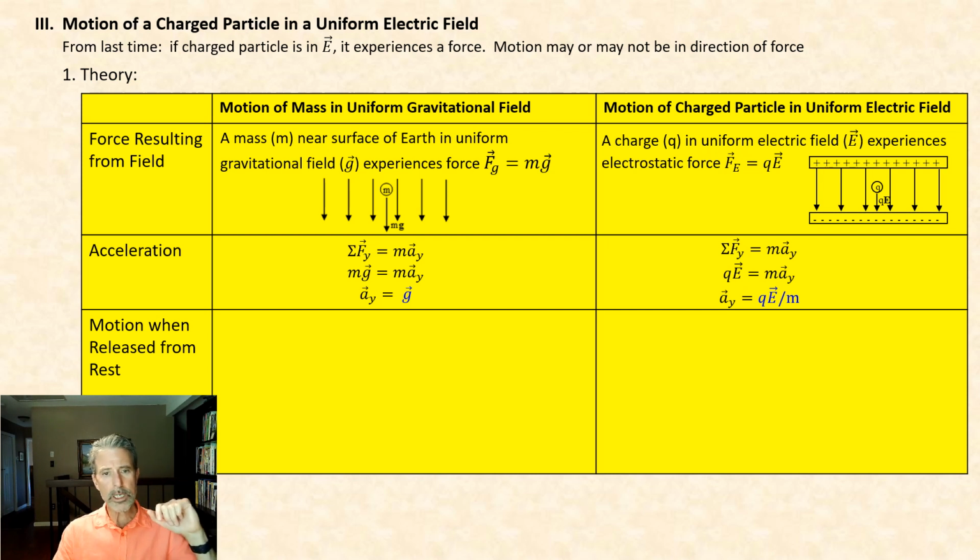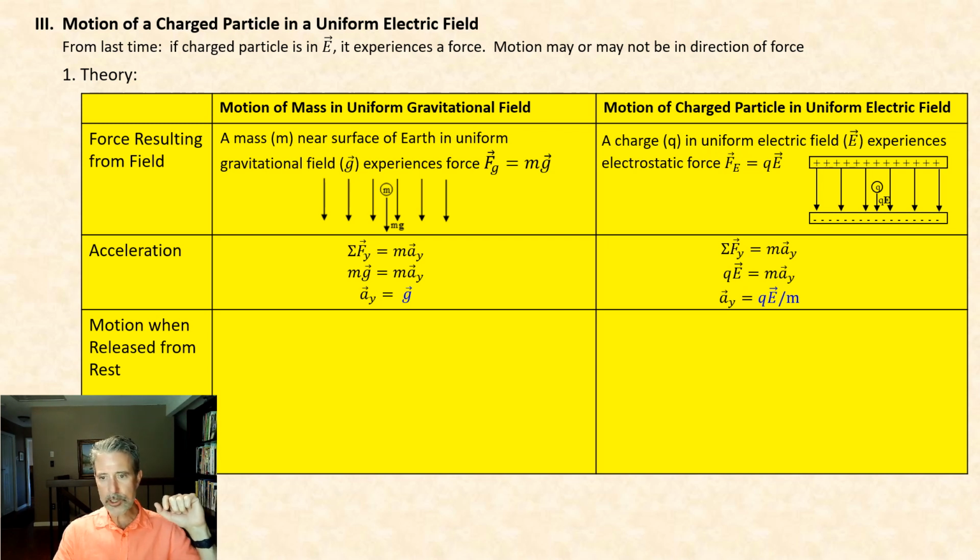So, when it comes to describing the resulting motion of either a mass released at rest in a uniform gravitational field, or a charged particle released from rest in a uniform electric field, remember that the kinematic equations describing motion for constant acceleration are alive and well.